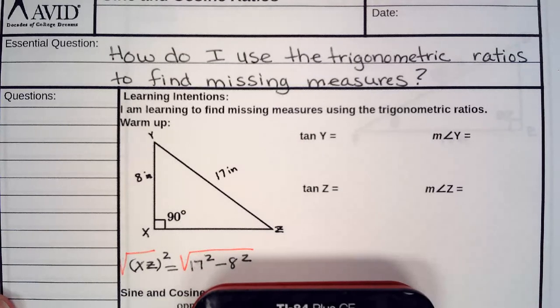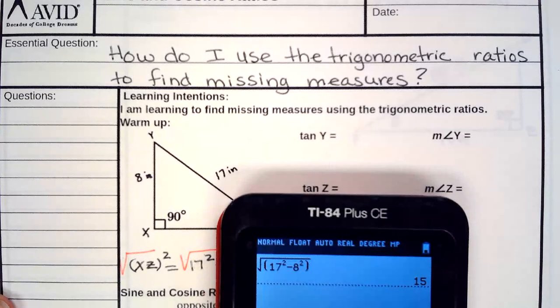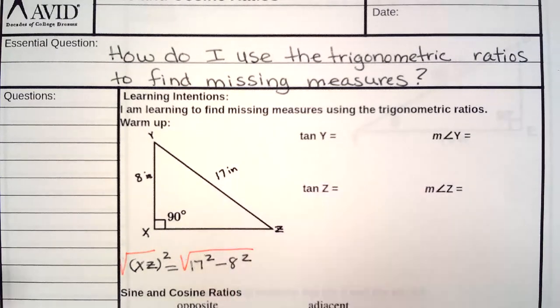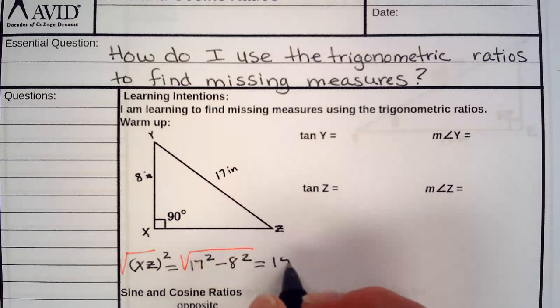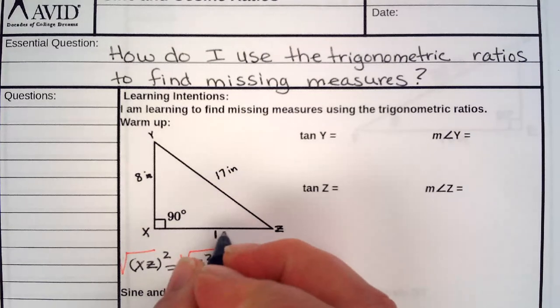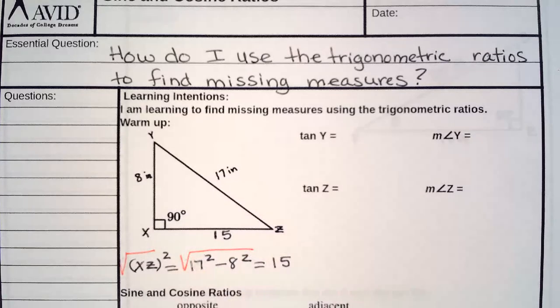Close it and square root it. I've got 15. So this length here is 15. So if you're looking at it, 8, 15, and 17 do not have any common factors. So once we find those fractions, they will be simplified.